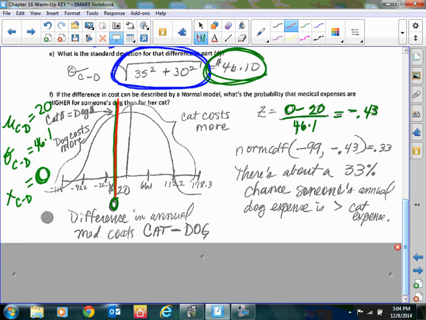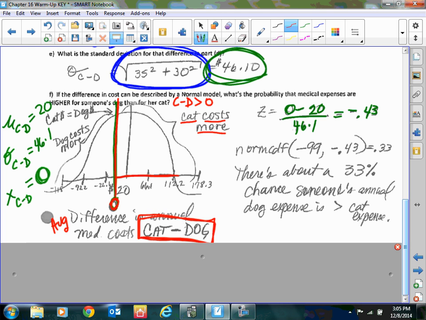So I said, okay, at this point, the dog and the cat costs are the same. Now, let's think about this. This is the average difference in the annual medical cost, cat minus dog. You have to explain which way you are subtracting. If you have a positive difference, then cat minus dog is greater than 0, that means a cat costs more than a dog.